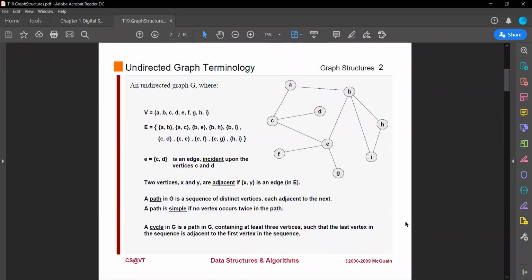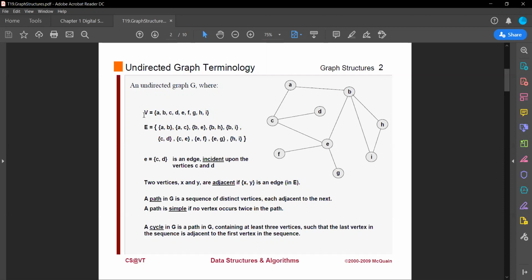So there is some terminology of an undirected graph. An undirected graph G has a set of vertices, and there should be some edges also. So how can we write it? We see that there are A, B, C, D, E, F, G, H, I, those 9 vertices here.